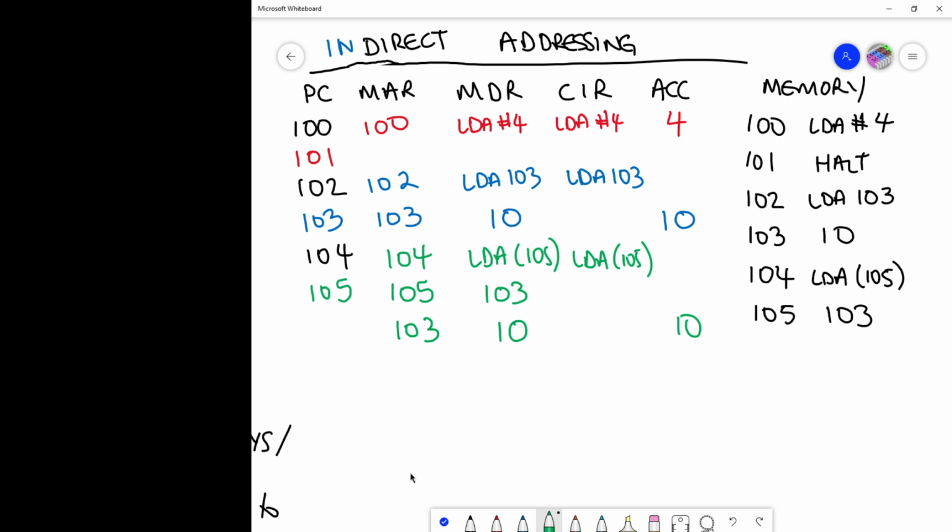Yeah, MAR, excellent. The MAR has got 3 values in it, which meant we fetched from memory 3 times. So indirect addressing is not the most efficient instruction format, because it requires 3 fetches. Direct required 2 fetches. Immediate, 1 fetch.